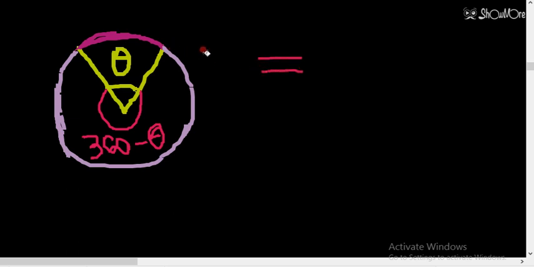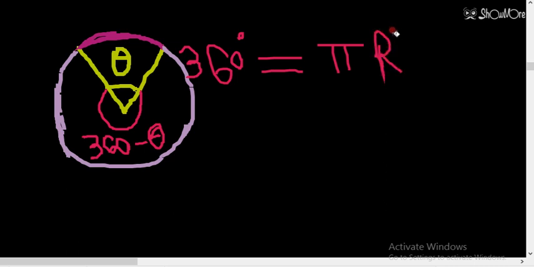For the complete circle, or for 360 degrees, the complete area is pi r square. If I have to find the area for 1 degree, then it will be equal to pi r square by 360.